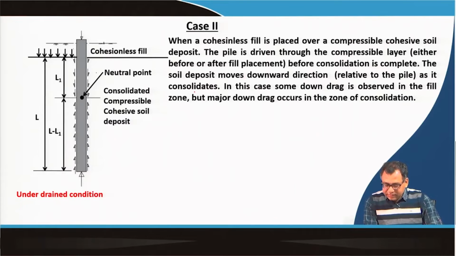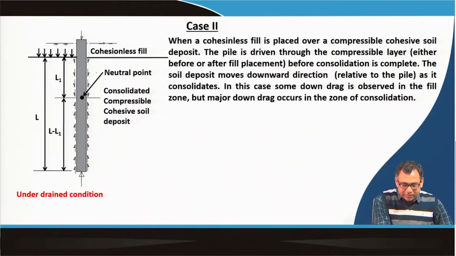In this case, some down drag is observed in the fill zone, but major down drag occurs in the zone of consolidation. As I mentioned, there will be a downward movement in the fill zone, but that is not significant compared to the down drag observed in the compressible clay layer, which will give most of the negative skin friction. You can see this is the total pile length.